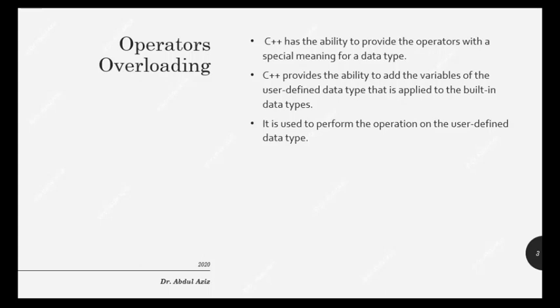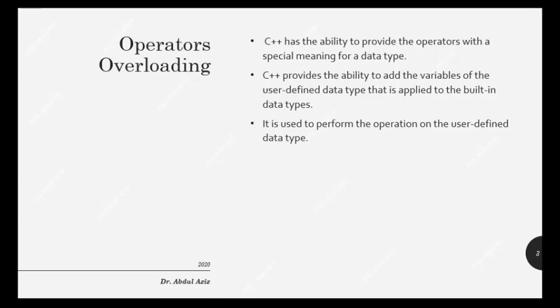For example, a plus operator can be overloaded to perform additions on various data types such as integers and floats, and we also want the same operator to work with our own user-defined data type or simple objects.